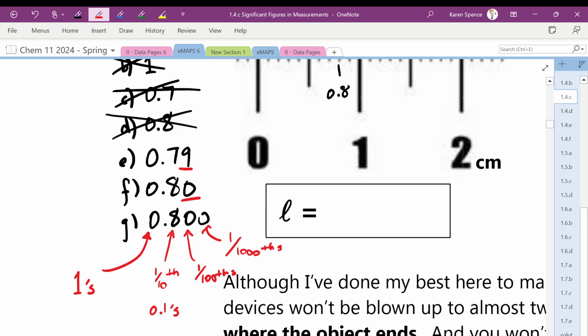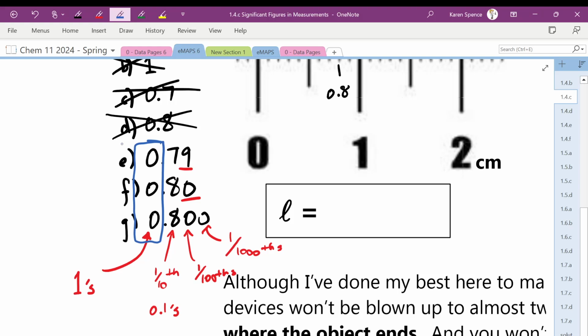How many ones do we have in this measurement? 0. We have none. So has our number actually started yet? When we are in the ones position, have we actually started doing any measuring yet? Or are we just like, I don't have any ones?